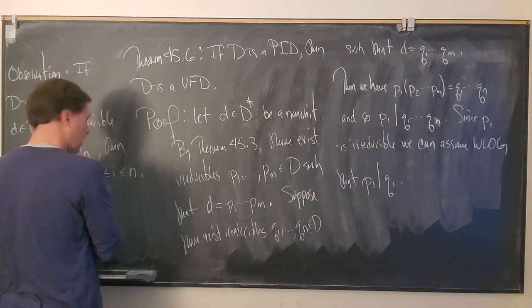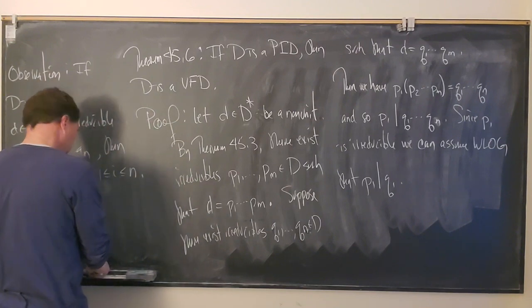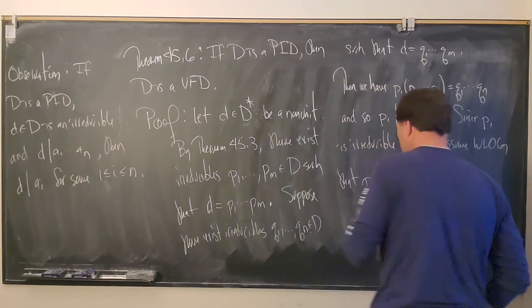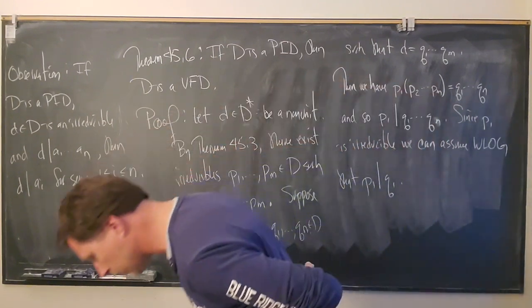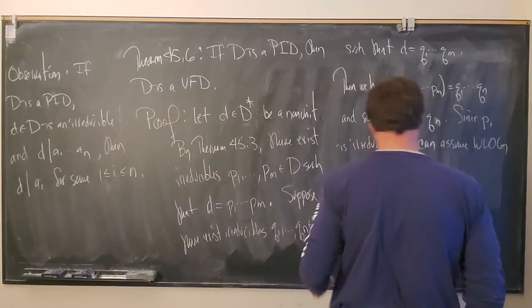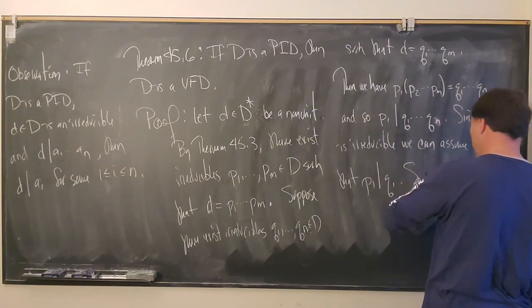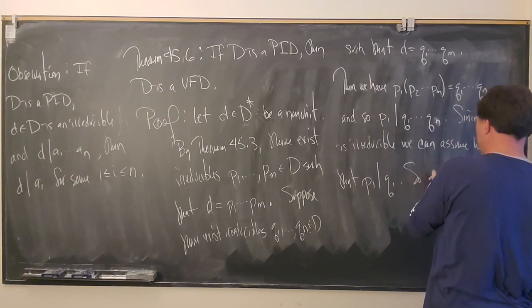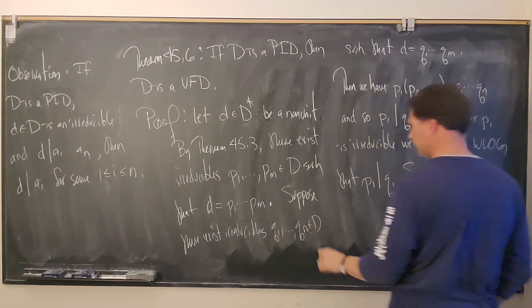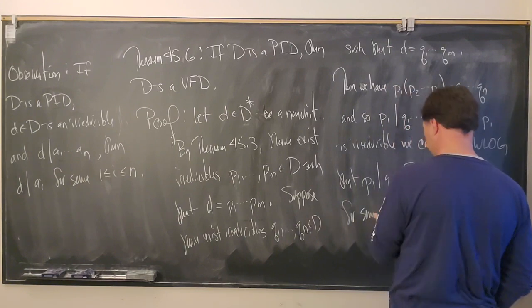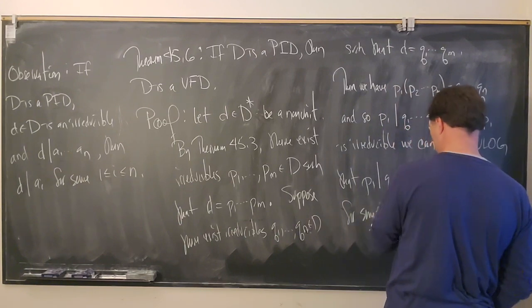Okay, so what does that mean? It means that Q1 is equal to P1 times A1 for some A1 in D.